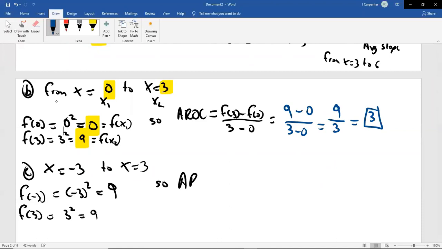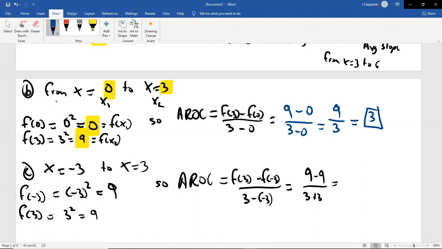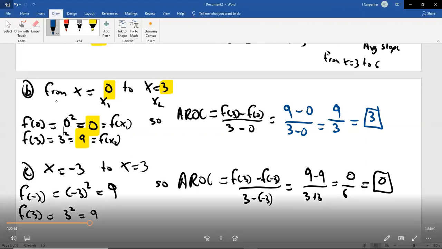So our average rate of change, the f of 3 minus f of -3 over 3 minus -3, that's 9 minus 9 over 3 plus 3, which is 0 over 6, which is 0. Huh. So the average slope between those two values is 0. You might think that doesn't make sense, but we haven't visualized it yet, so maybe that would help.